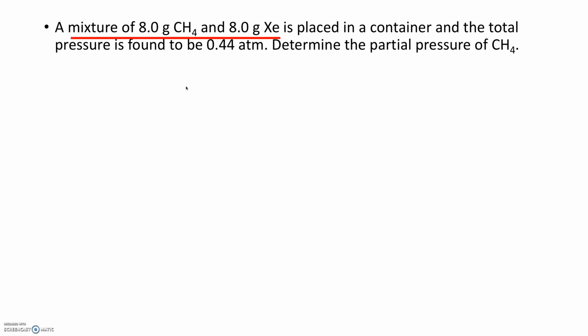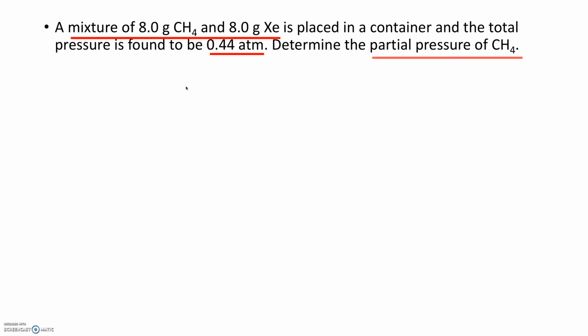So we see that this is a mixture and they give us grams. We could easily convert grams to moles using molar mass. And the reason why that's important is we know that the total pressure of this mixture is 0.44 atmospheres. And we also know, according to Dalton's law of partial pressure, the total pressure is a sum of the individual pressures.